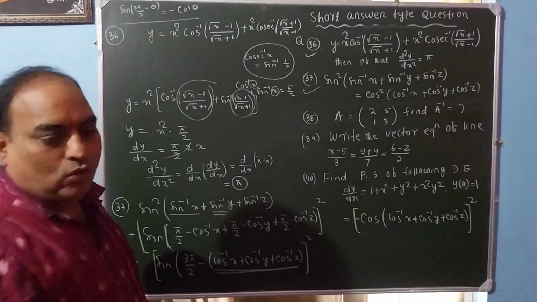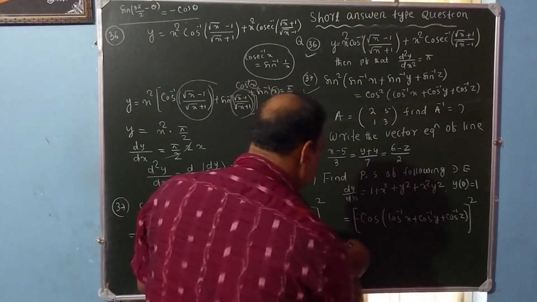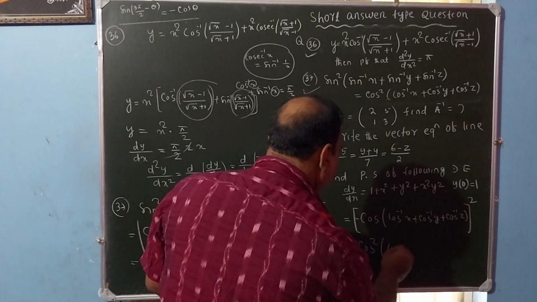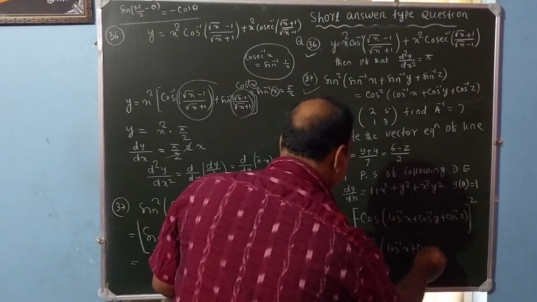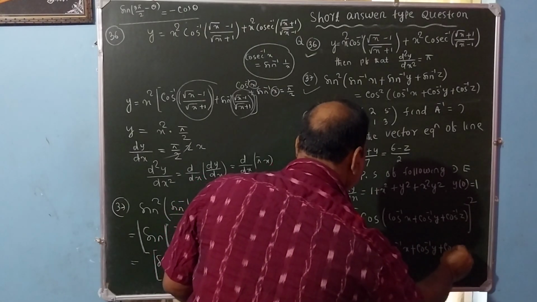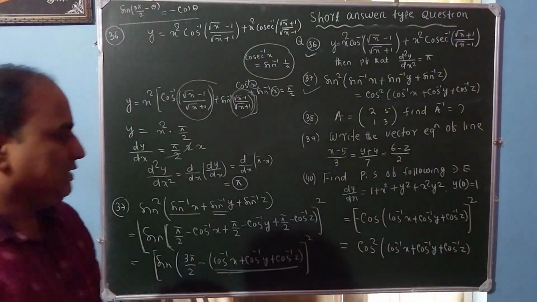Okay, so we get cos square of (cos inverse x plus cos inverse y plus cos inverse z). So this is the RHS.